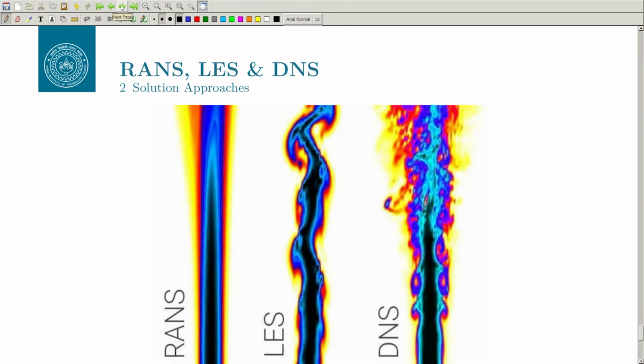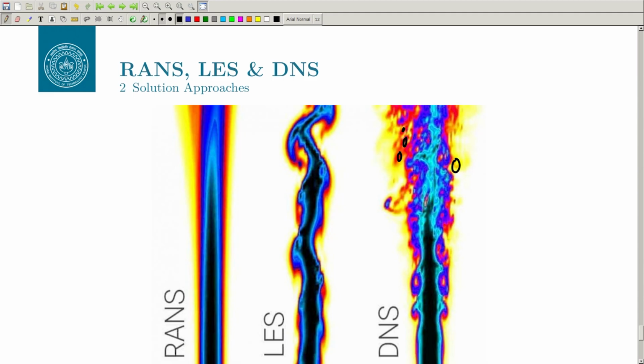And this is, for example, one picture of RANS versus LES versus DNS, which is very common; you can easily find it if you search in Google for RANS LES versus DNS. You can see that in DNS you are basically resolving all kinds of scales, very small scales here, and RANS is just the mean flow, as the flame is going up.